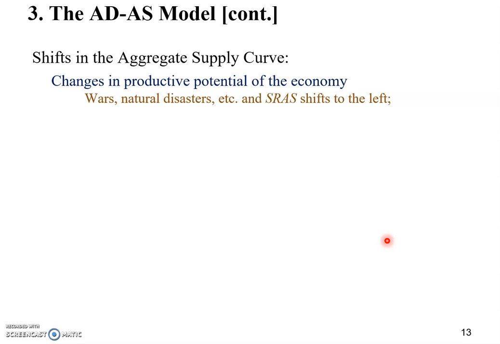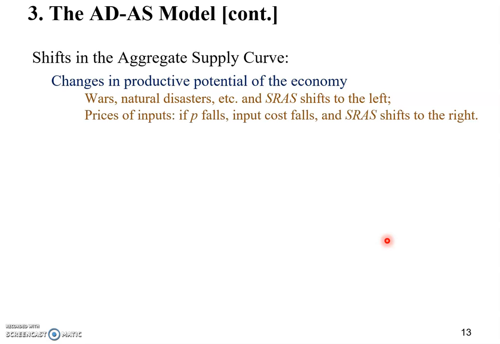Okay, they oftentimes destroyed the capital, right, factories, machinery, equipments, land, and even lead to some decrease in labor force. Okay, and another common factor we will discuss later is the prices of the inputs, because the producers need to buy these inputs to be able to produce, right?